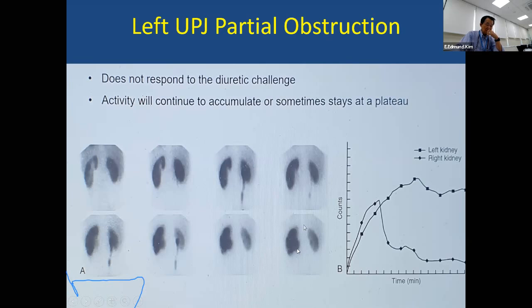So you suspect some partial or complete obstruction of the left uretero-pelvic junction. By nephrogram, peak and washout, that's from the right kidney, but the left side goes up and down a little bit. If this goes up, that's a complete obstruction. But if a little bit down, there could be partial obstruction.